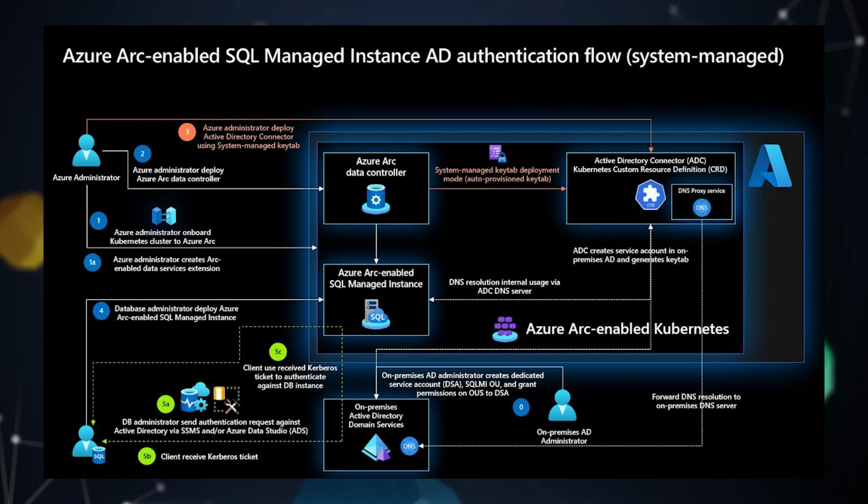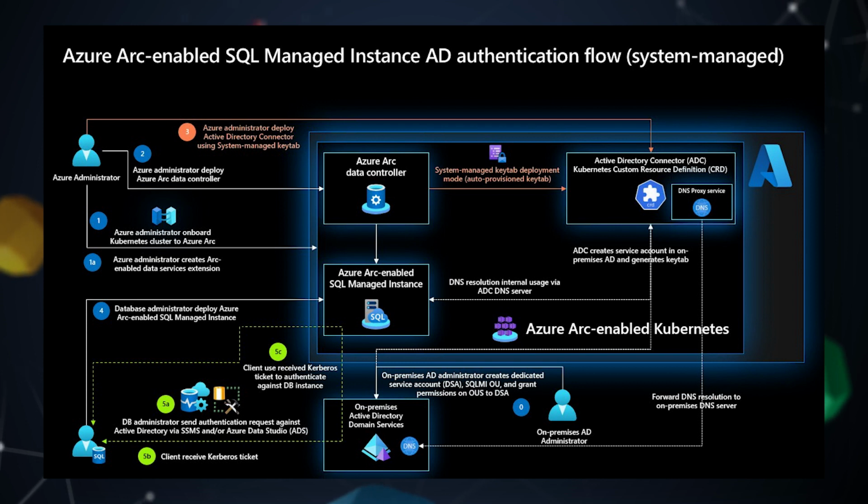So in a system managed scenario, at first, the Active Directory administrator creates a dedicated service account or a DSA, and an OU specifically for the SQL managed instance, and grants permissions for the OU to the DSA. The next step, you onboard the AKS or Kubernetes cluster to Azure Arc.